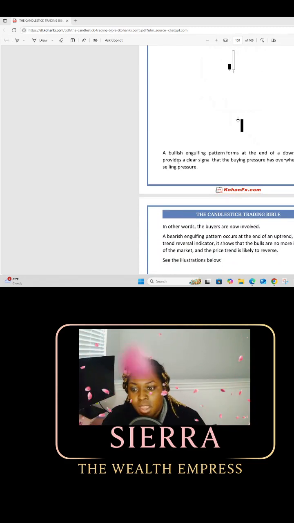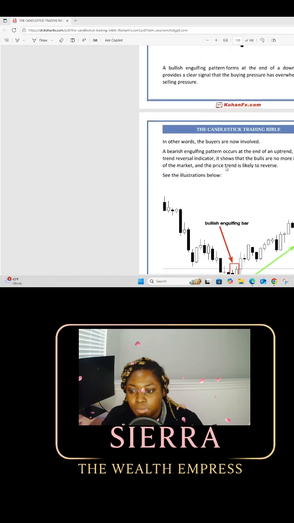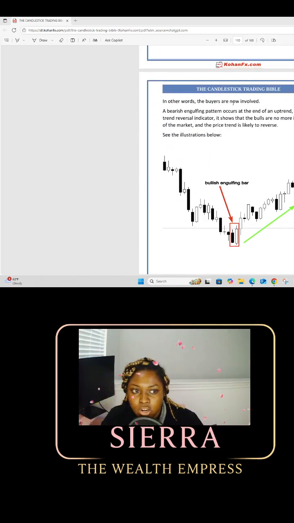All right. It says a bullish engulfing pattern forms at the end of a downtrend. It provides a clear signal that the buying pressure has overwhelmed the selling pressure. In other words, the buyers are now involved. A bearish engulfing pattern occurs at the end of an uptrend. It is a top trend reversal indicator.